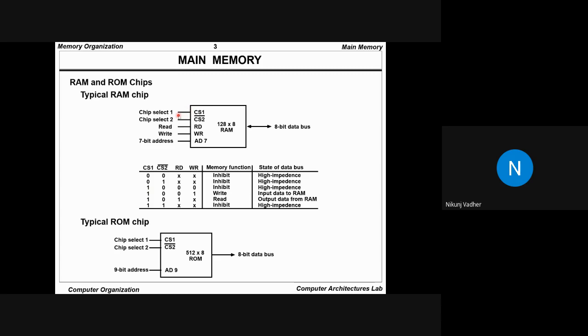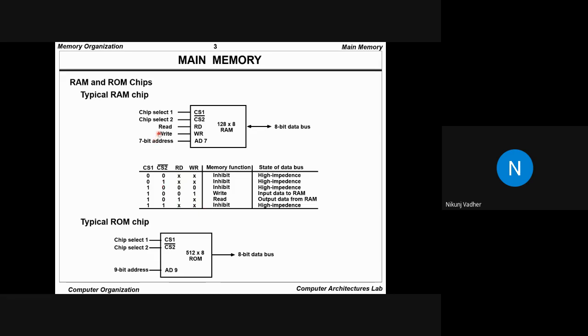In 1 1, it won't work. So if the value of CS1 and CS2 complement is 1 0, then this chip will work. In the rest of the cases, whatever value of read and write is there, it won't be considered.